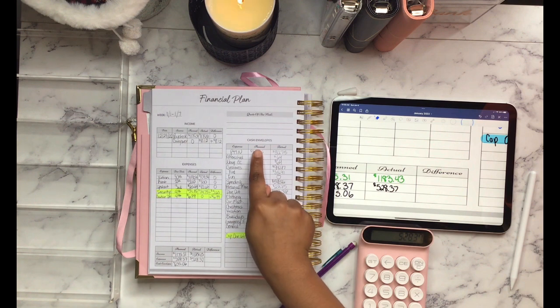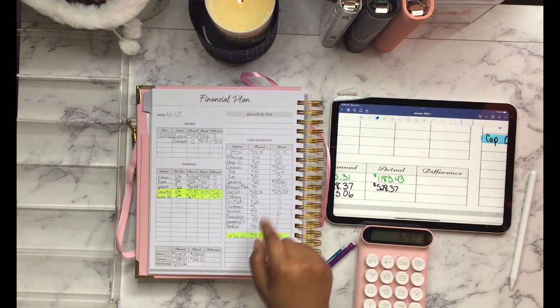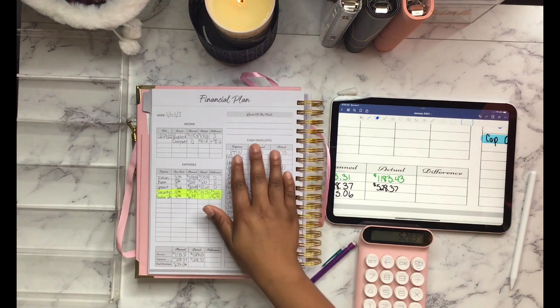Now we're going to total my actual variable expenses, or my cash envelopes.